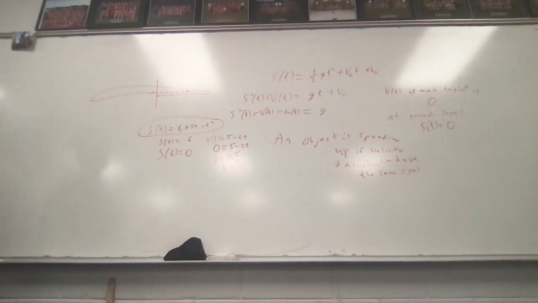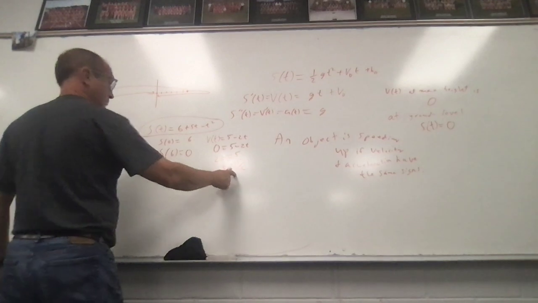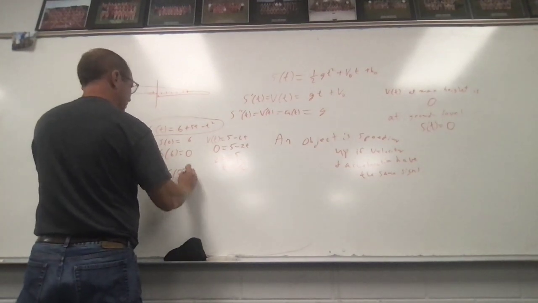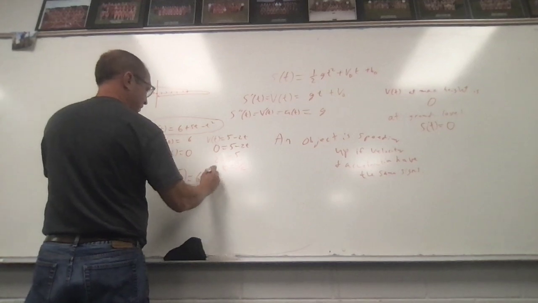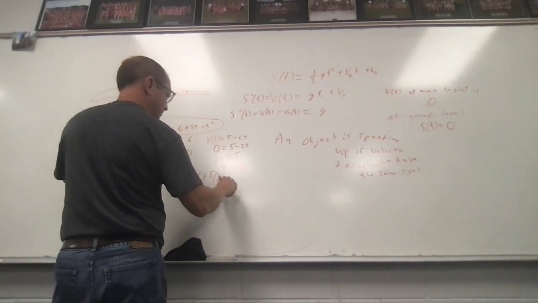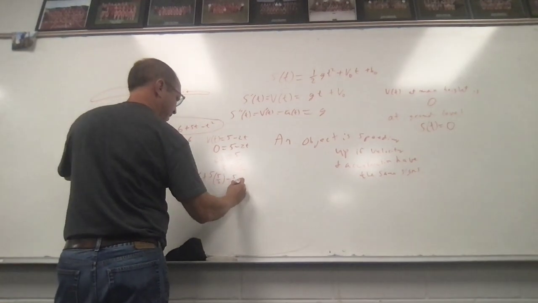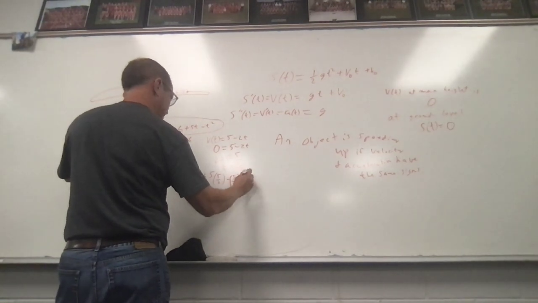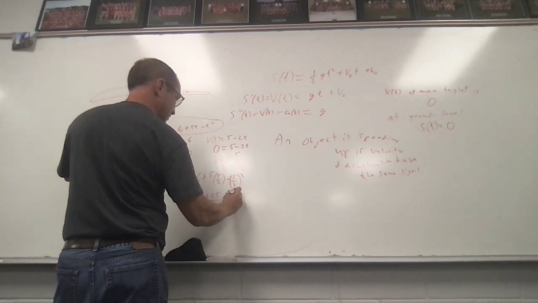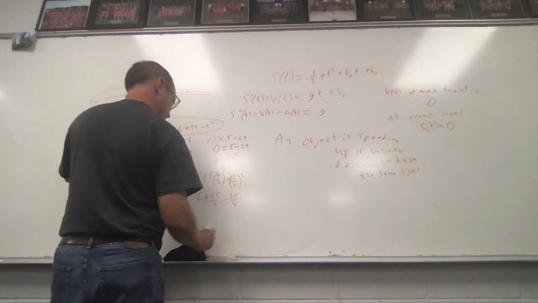So let's figure out what this position is. So s of 5 halves is 6 plus 5 times 5 halves minus 5 halves squared. So 6 plus 25 halves minus 25 fourths.